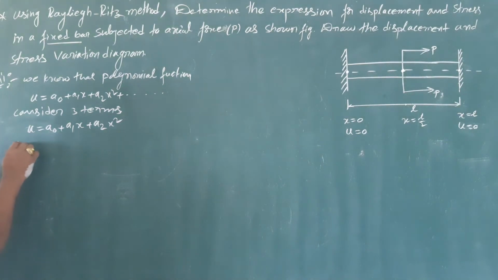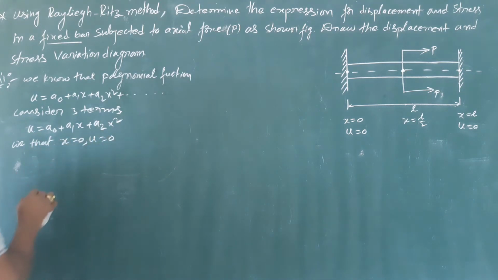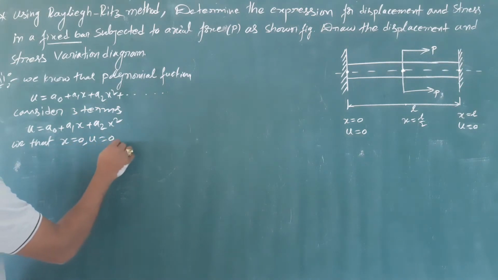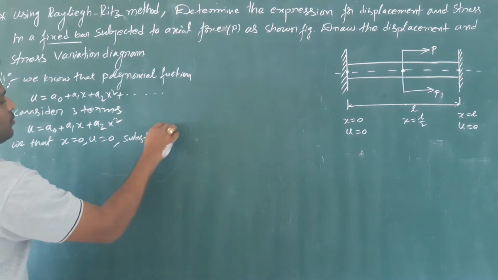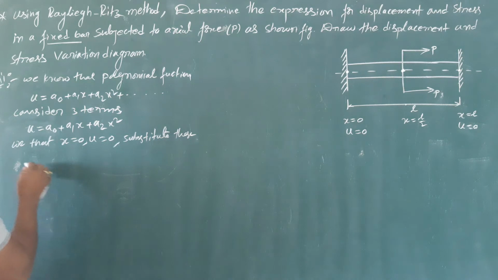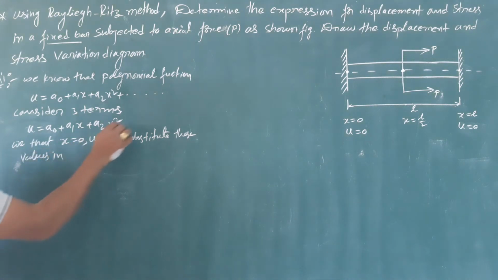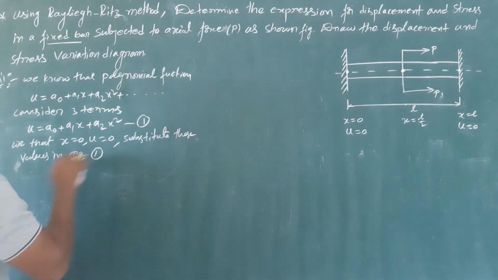We know that when x is equal to 0, u is also 0. Substitute these values in equation 1.